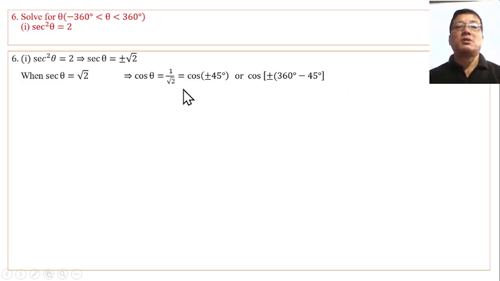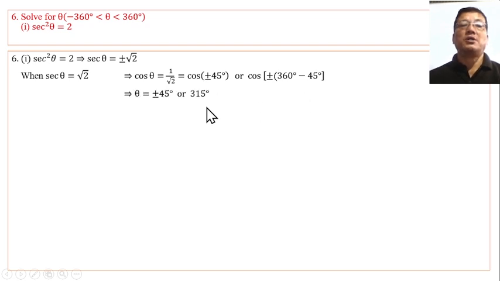Plus minus 360 degrees, then equating theta to plus minus 45, plus minus 315.